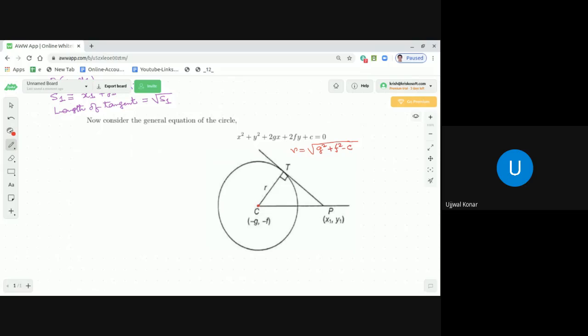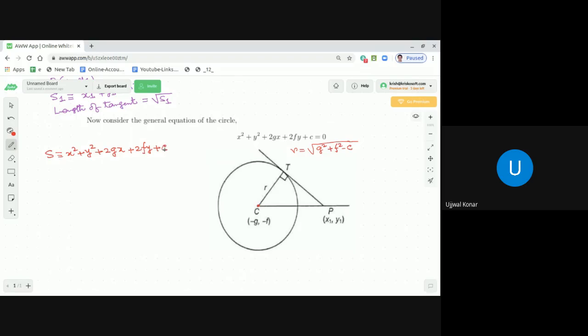Now here also the point P is outside the circle with coordinates x1, y1, and we need to find the value of PT, that is the length of tangent. Dear students, the technique I just learned is that we express S as x square plus y square plus 2gx plus 2fy plus c.